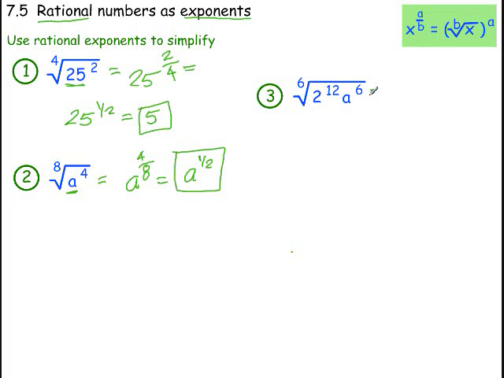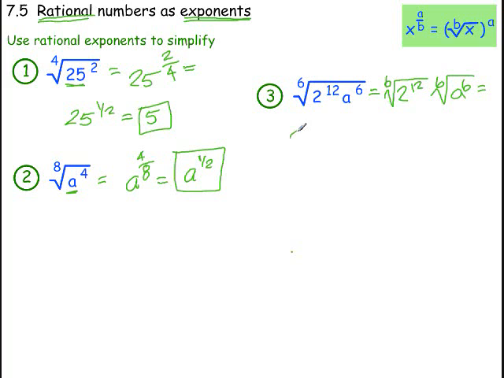Number 3, I'd like to divide this one into the number and the variable. We're taking the 6th root of each, and the number is 2 to the 12th. The variable is a to the 6th. I'm going to now change those over out of radical form into rational exponents.